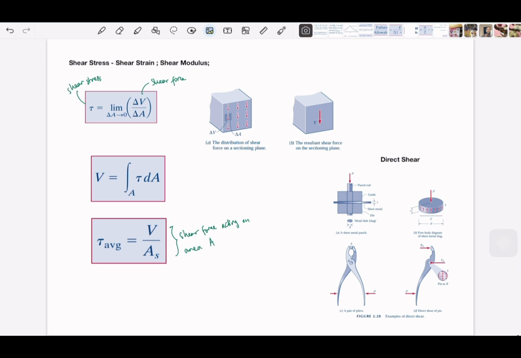Okay, so let's continue on the shear stress and shear strain, and at the end we are going to see the shear modulus. We talk that the shear is pretty much similar to the axial force or the normal force.